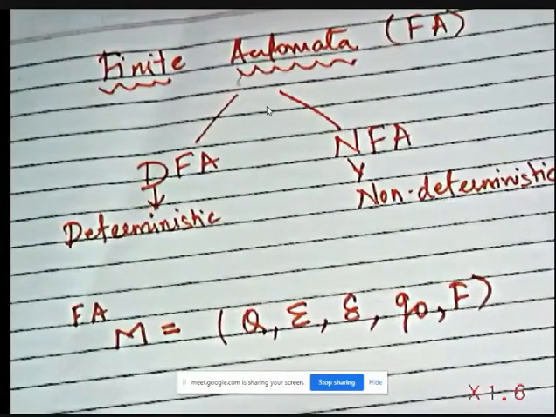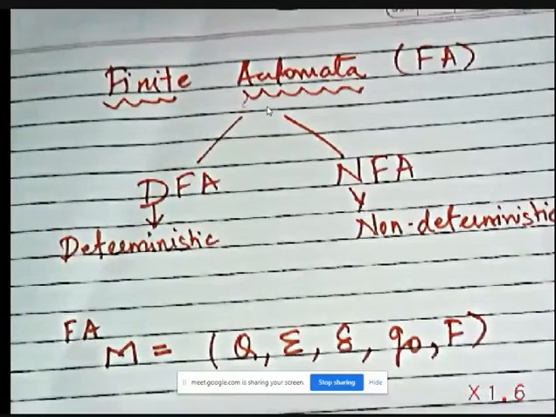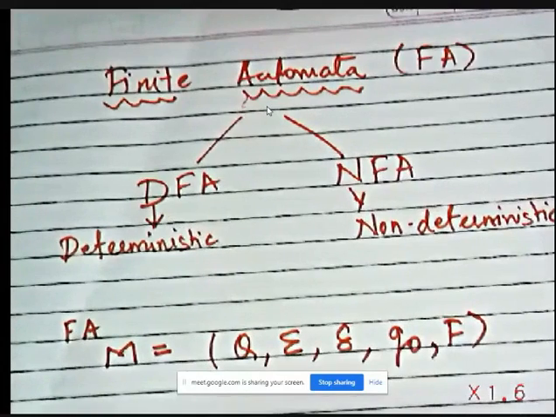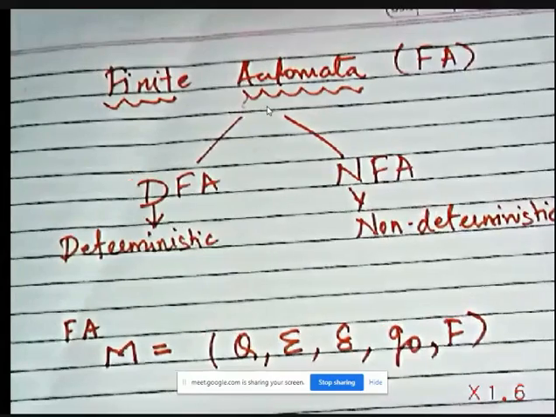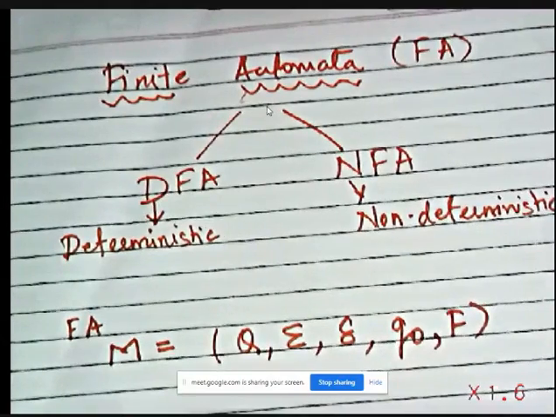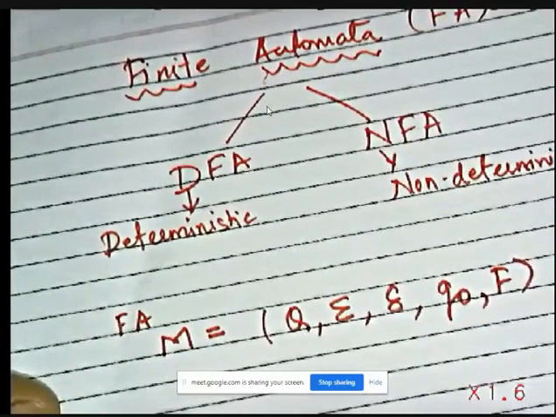Why? Because finite automata is a special kind of finite state machine which is used for recognizing the language, or as a language acceptor. So to check whether a particular string belongs to a particular language or not, we use this finite automata.